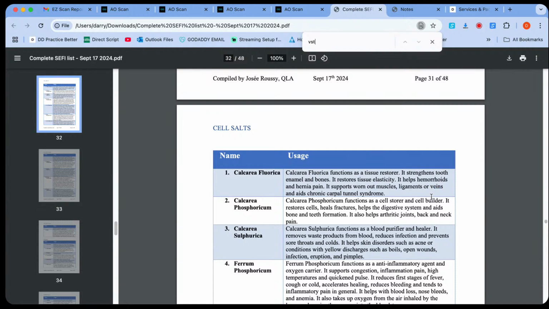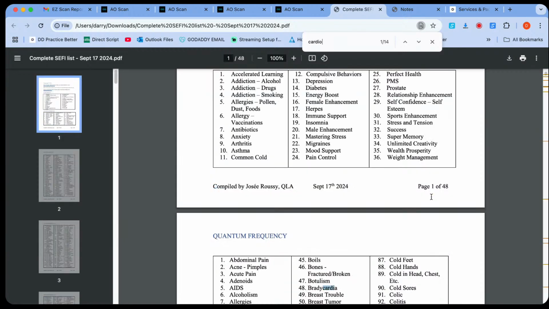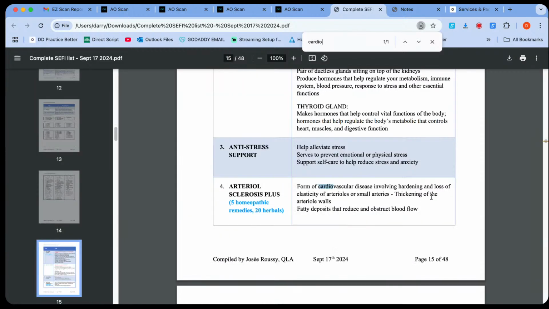All right, let's go back to cardio. All right, so let's look at this, which I cannot pronounce. Atrial sclerosis plus. Is that what that is? Yeah. All right, let's add that.